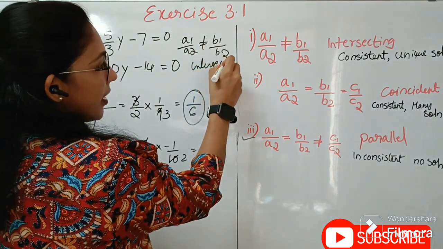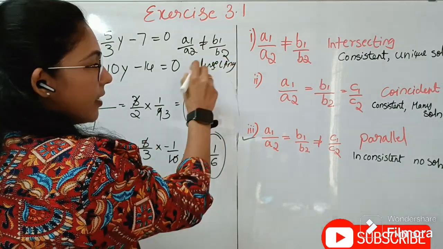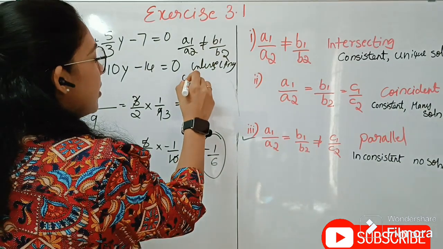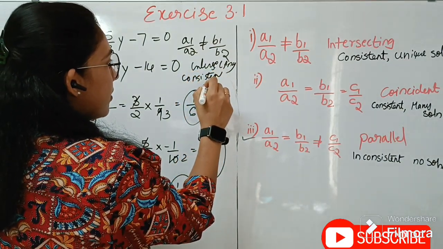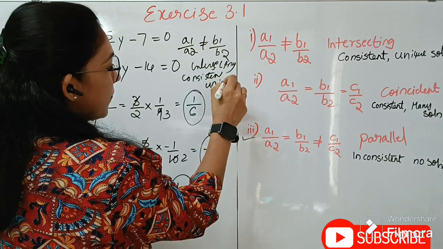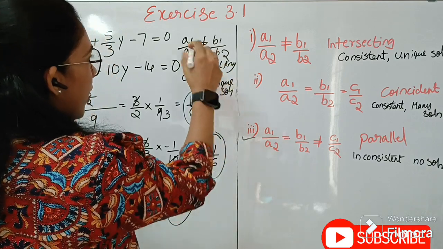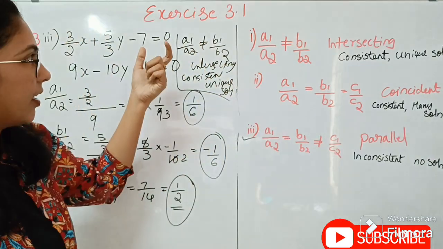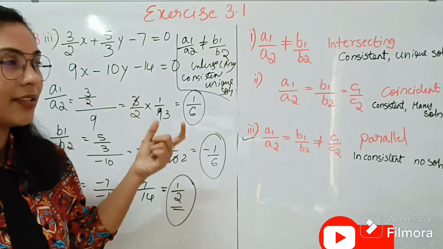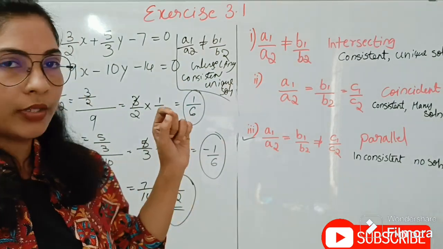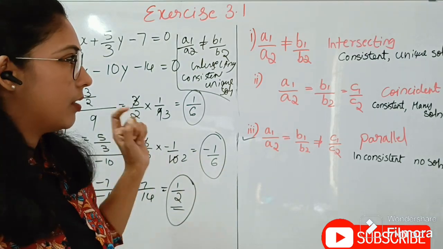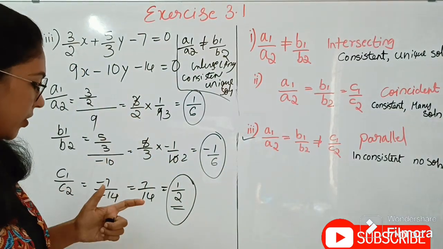The lines are intersecting, and it is consistent, and it has only a single or unique solution. These are intersecting lines and consistent, which has only a single solution or a unique solution. So this is question number 3.